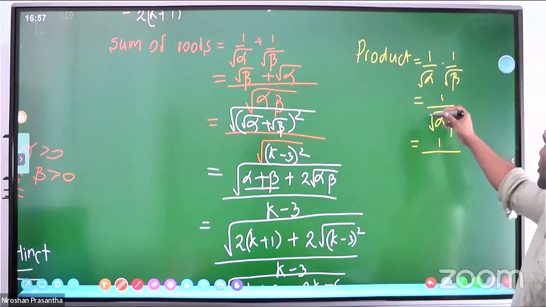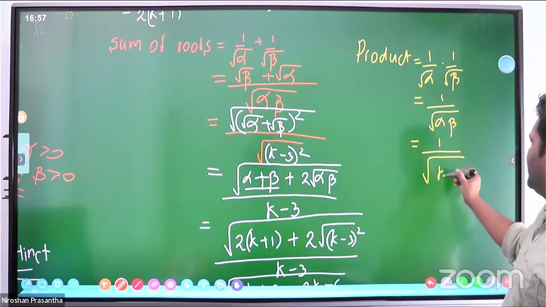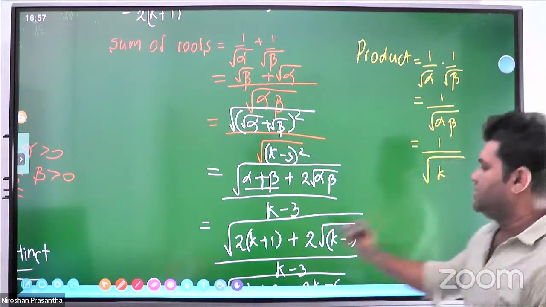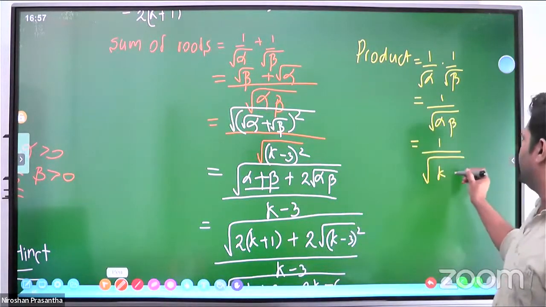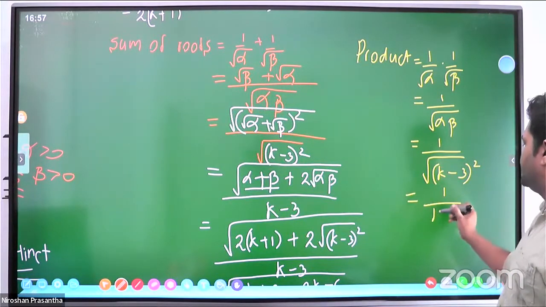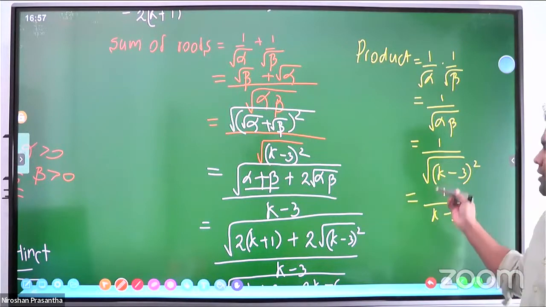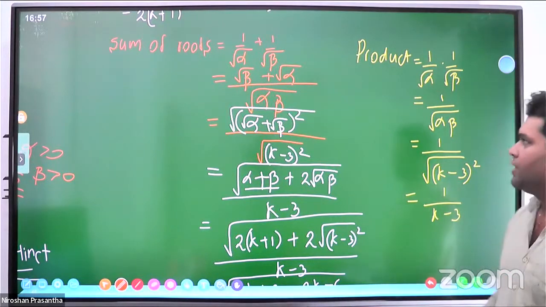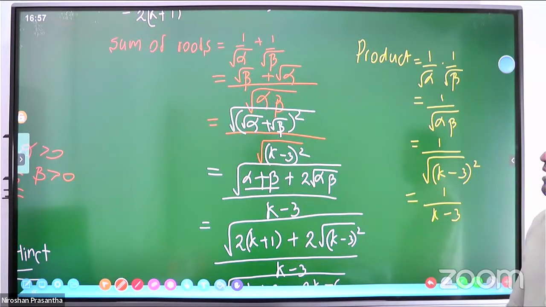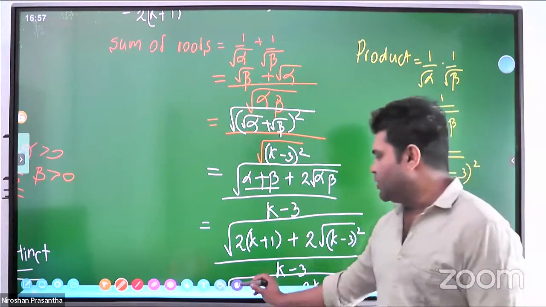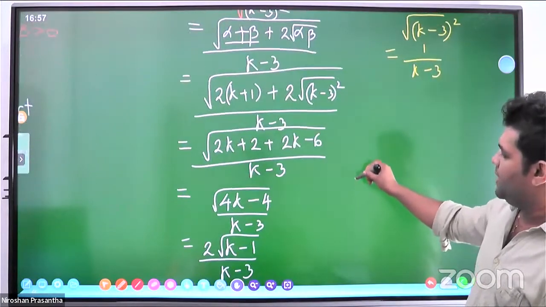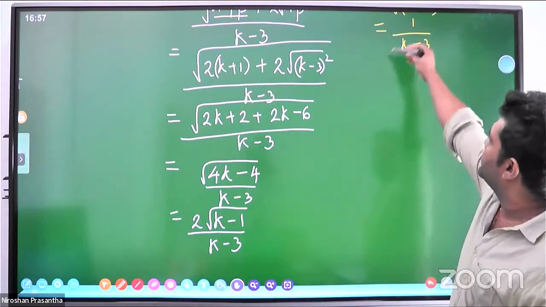Now alpha beta, you know, again this product is k minus 3, whole thing squared. It is 1 over k minus 3. This is the product: 1 over k minus 3. Now the product is okay, 1 over k minus 3, and remember the sum is okay. The sum is this, the product is this.